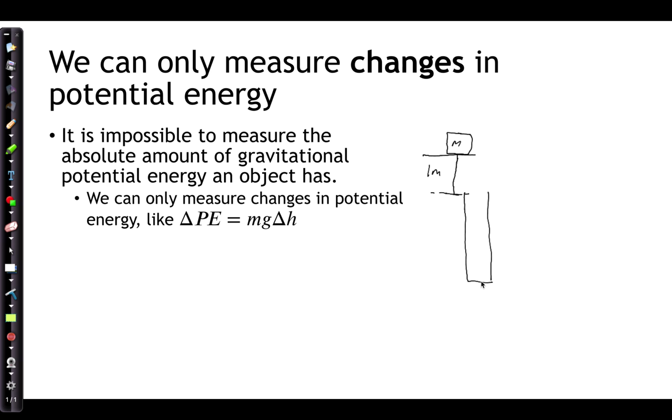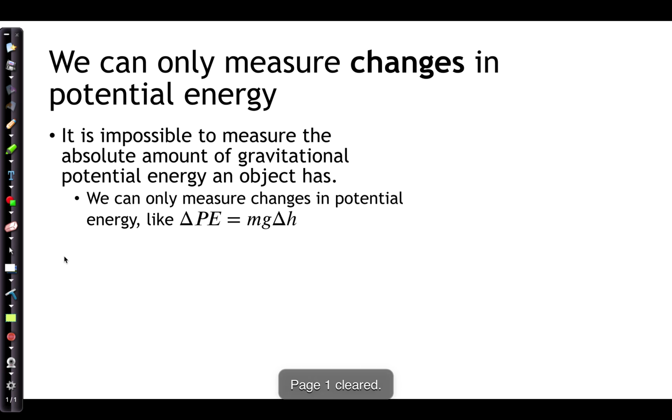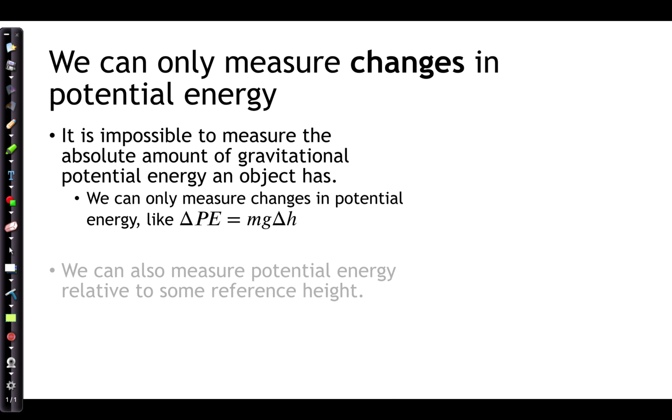You can always dig a hole, like where does it stop? And the point is that it doesn't make any sense to assert that there's an absolute amount of potential energy that this mass has. Okay. But what we can do, however, is we can define something called relative potential energy.